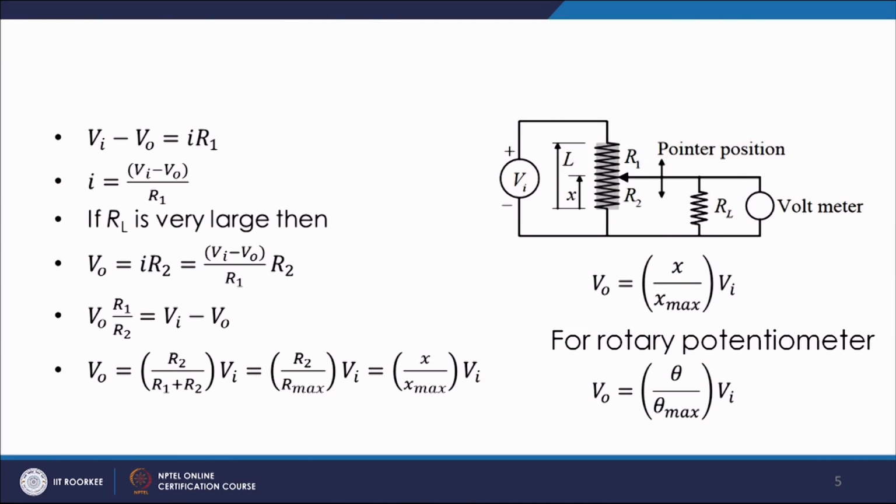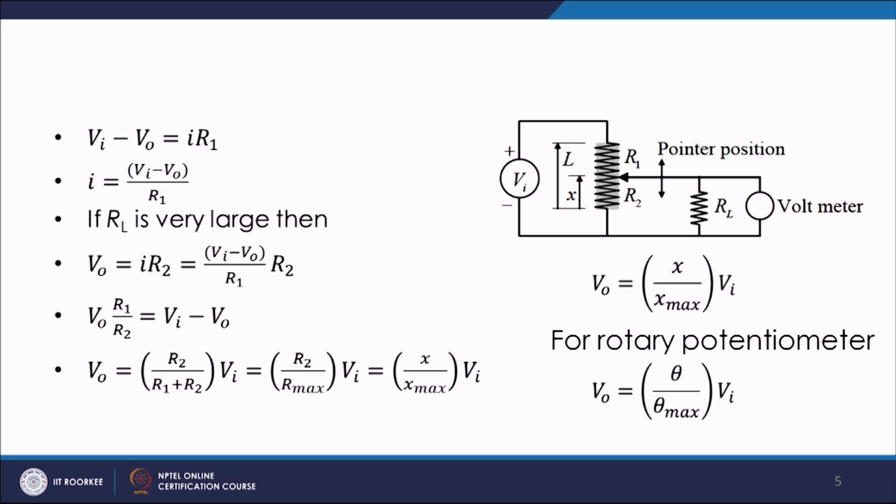So, if I apply Kirchhoff's law here, Vi minus Vo is going to be I R1, and so I can find the value of I from here, that is Vi minus Vo upon R1.